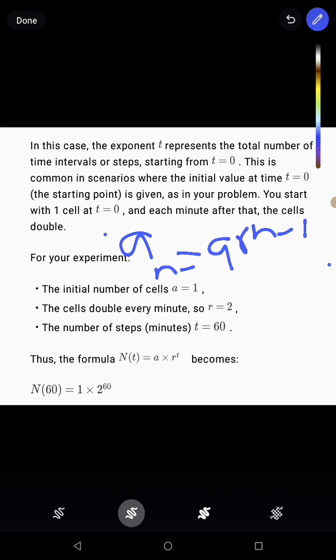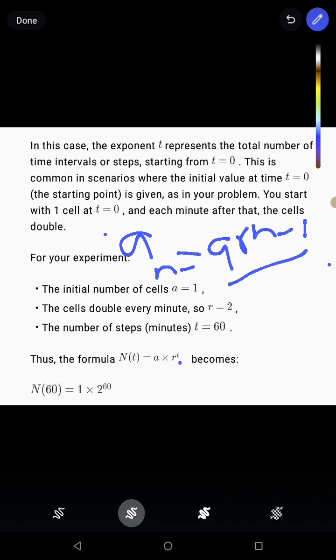Again, I say, when your t equals 0, you are using this formula. Let's assume t equals 1, you are using this other formula, and that will be a times r raised to power t minus 1. Are we getting what I'm saying? Let me come again so that you get this part so clear.